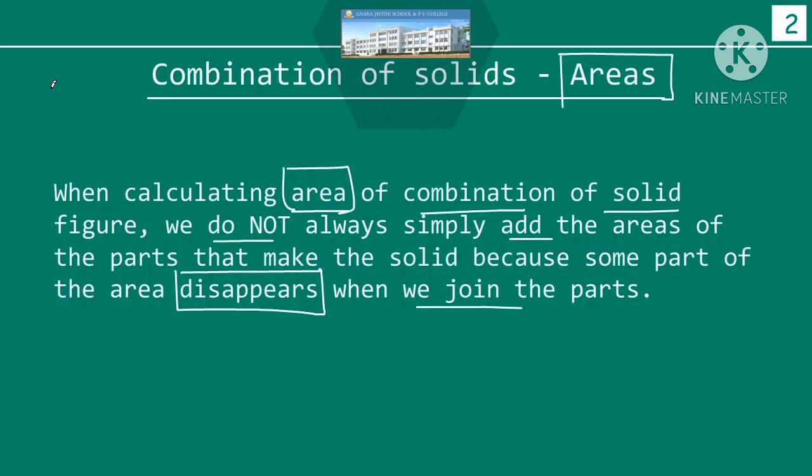So again, this is very important to keep in mind. This applies only to area questions on combination of solid figures. We don't always just add the areas. Why? Because some parts actually disappear when we join the shapes together. So the parts that disappear, those areas need to be subtracted. So something to keep in mind as we look into these questions.